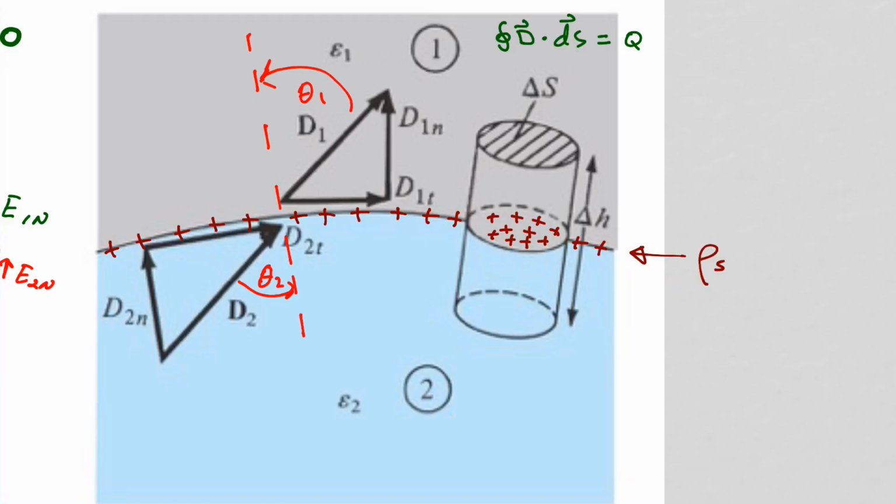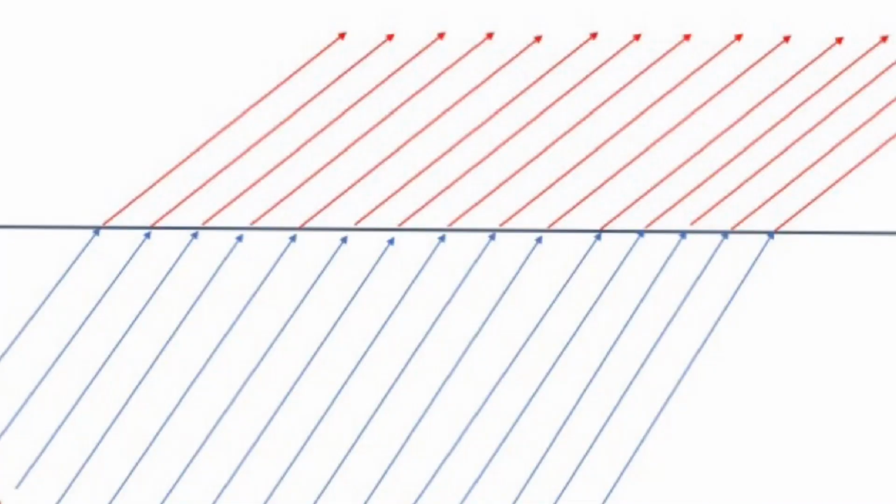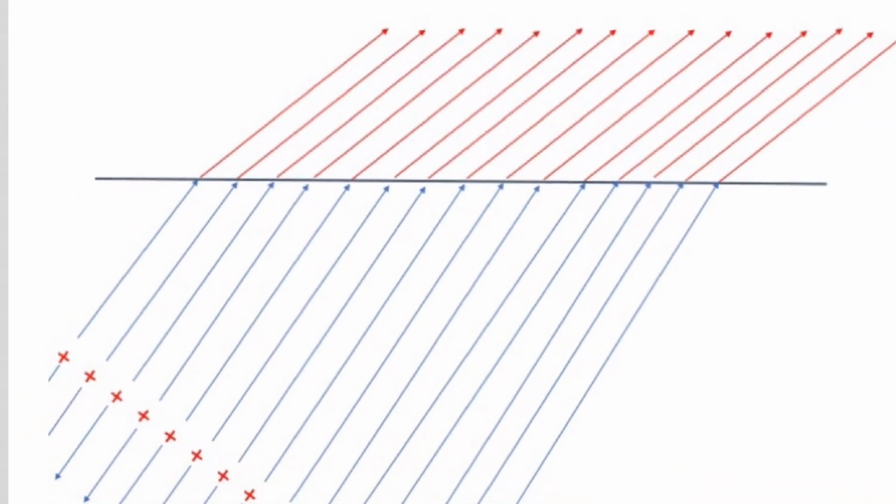Sometimes when this free charge is introduced, it's confusing because students want to think that all the fields are coming from this free charge at the interface. If you go back for a second to the situation without free charge at the interface, you have these electric field lines, but something's generating those electric field lines. And in fact, it's probably charge somewhere else.